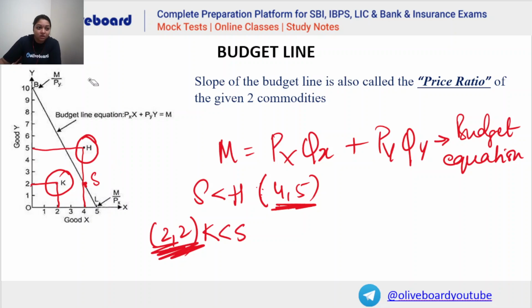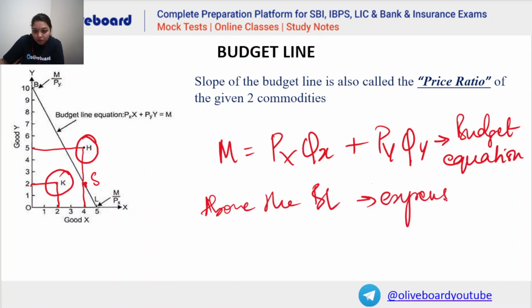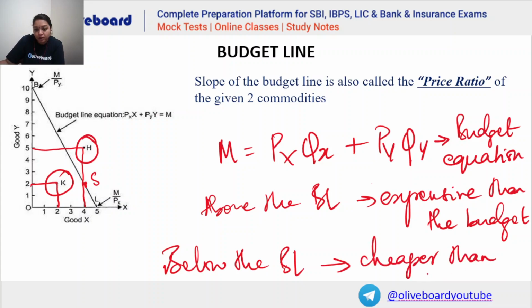So according to this classification, what we need to remember is that any point above the budget line is more expensive than the budget and any point below the budget line is cheaper than the budget.